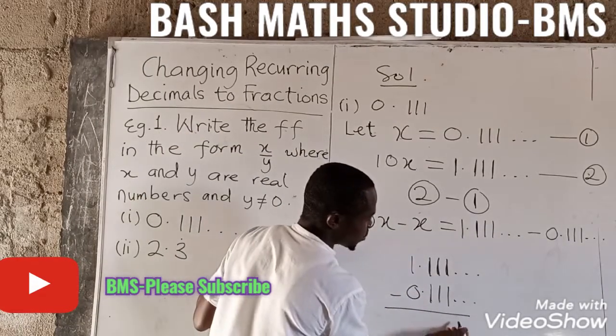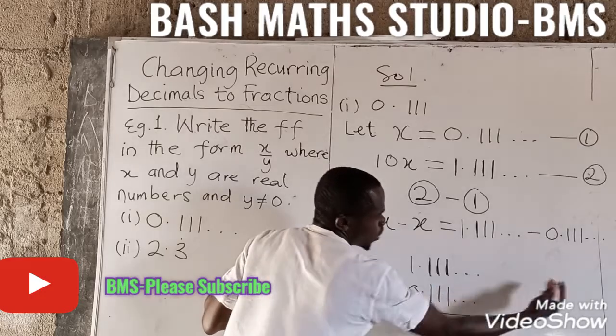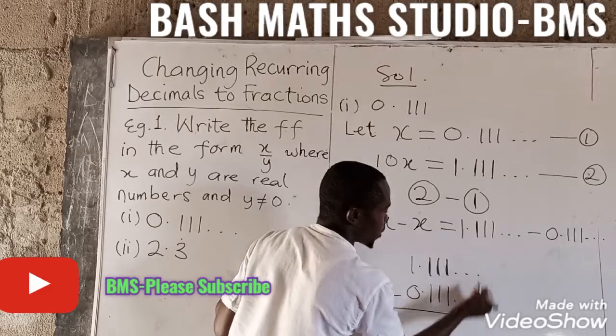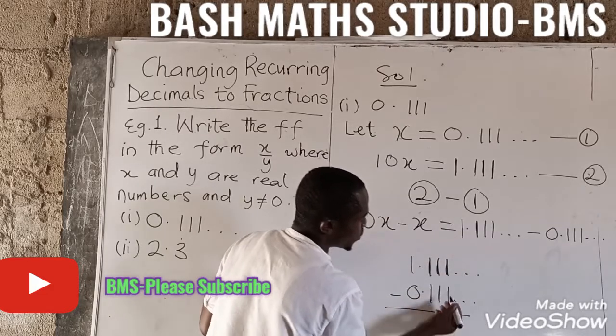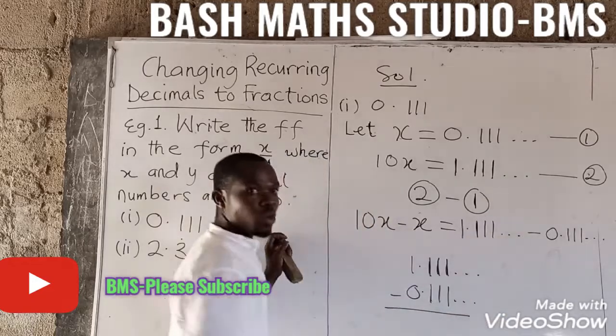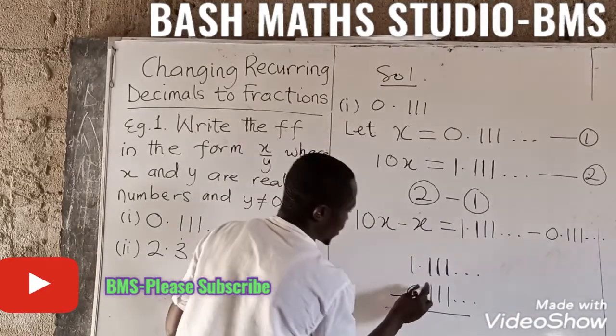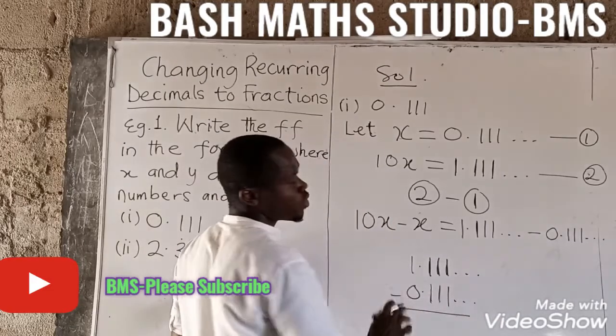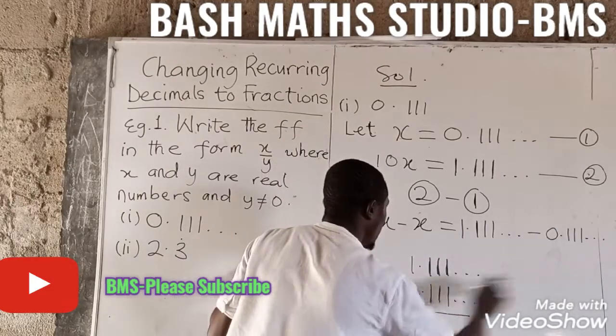These ones are repeating at the same rate, and therefore if you subtract 1 from 1, you get 0, 0, 0, 0. So you see that there's no need in continuing. The whole of this side will just be 0.